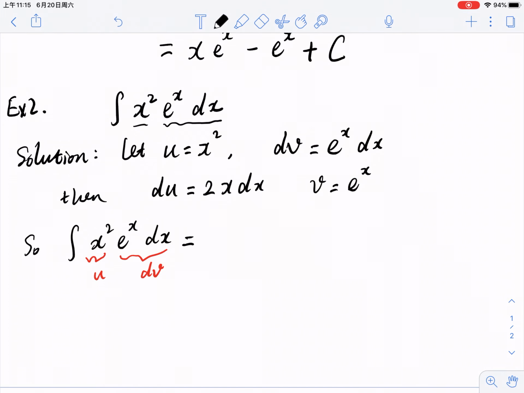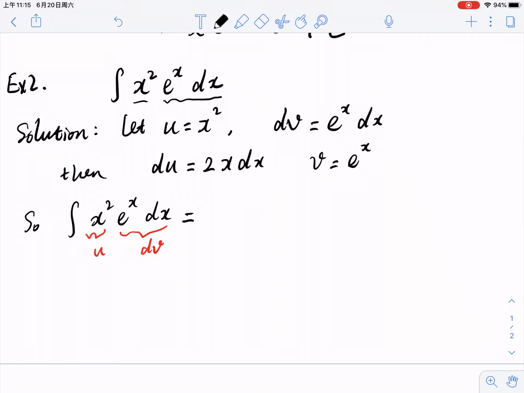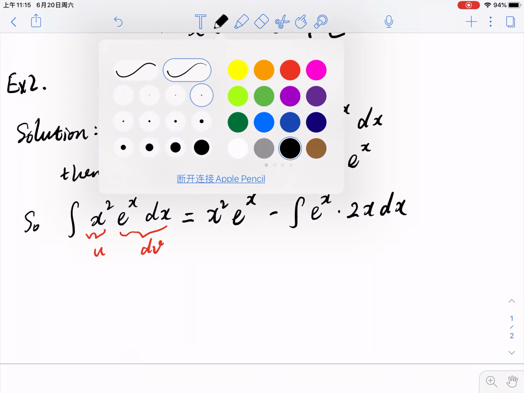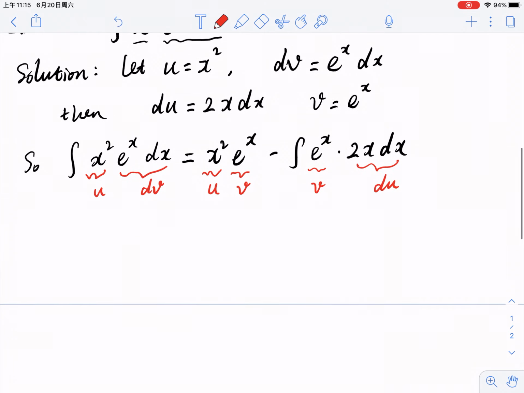By the integration by parts formula, it is equal to u times v, so x squared e^x, minus the integral of v du, which is e^x times 2x dx.